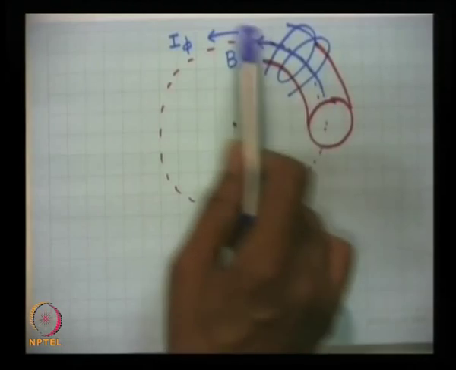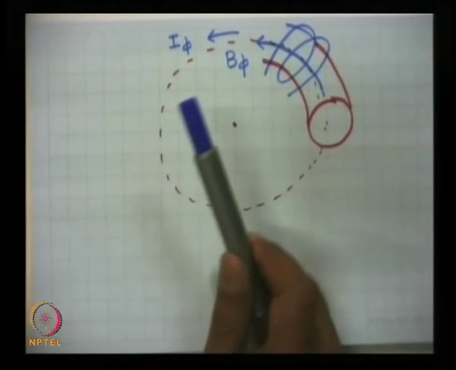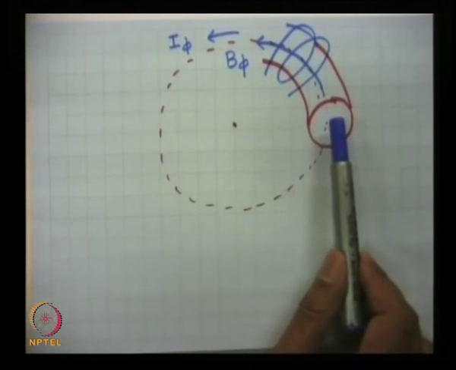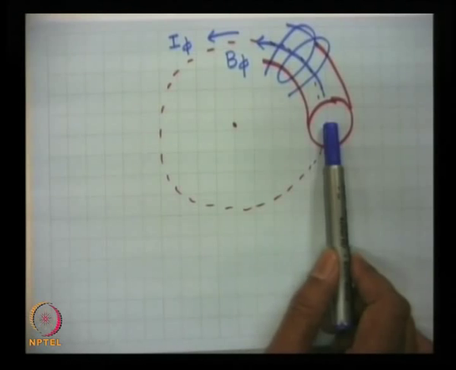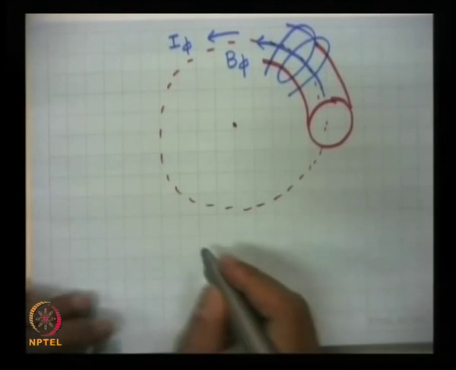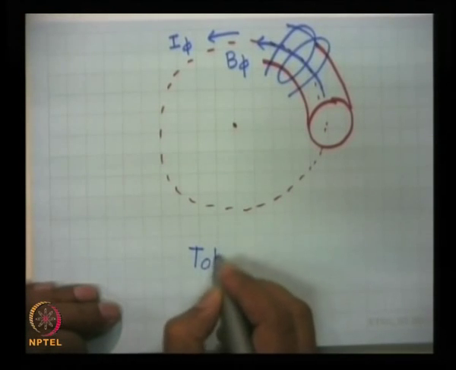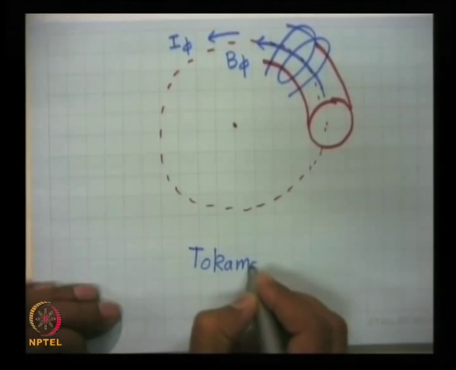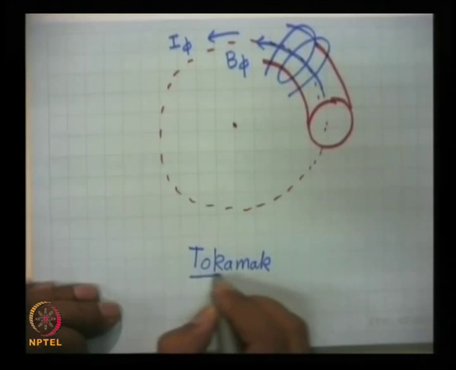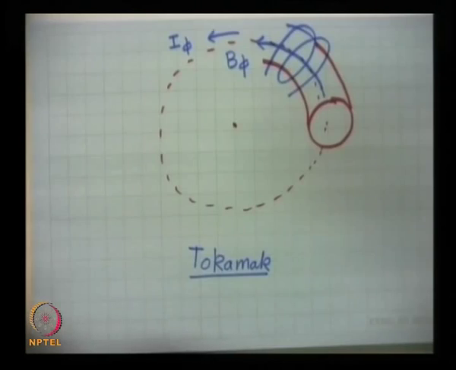So, this is the kind of more economic configuration for toroidal confinement, and this device is known as Tokamak. And this is at the forefront of fusion research.